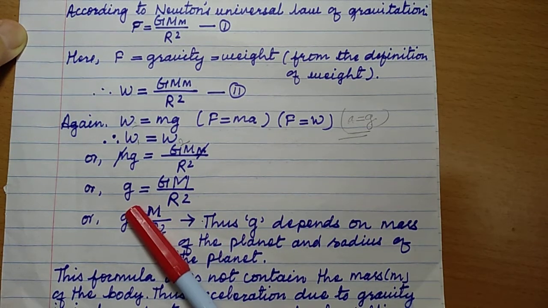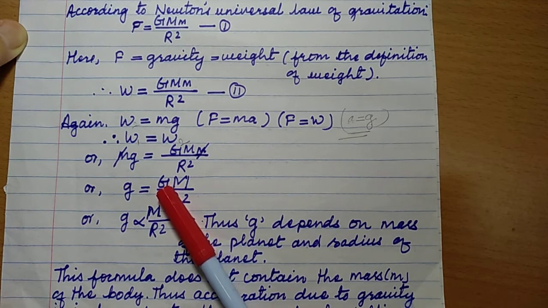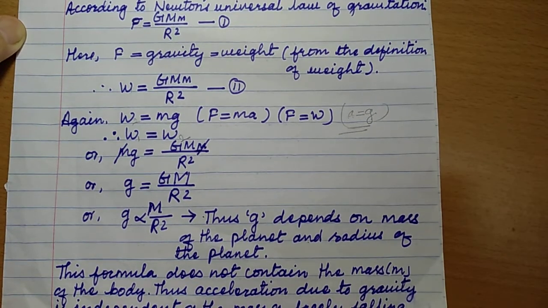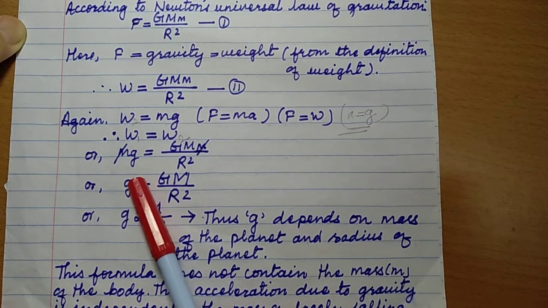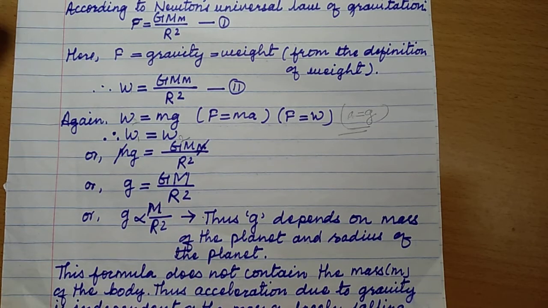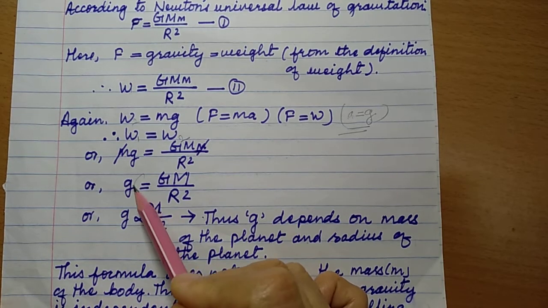Now in this equation we know capital G is universal gravitational constant, which is a proportional constant. Okay, now if you want to write this formula this way, g proportional to M divided by r square, then you need to remove the equal to sign and the proportional constant. By removing the equal to sign and the constant, we can write the proportionality sign.